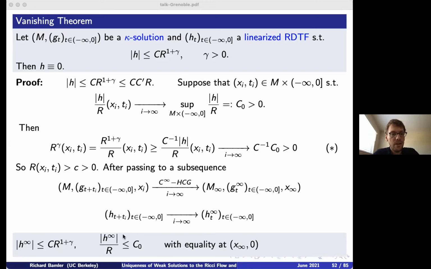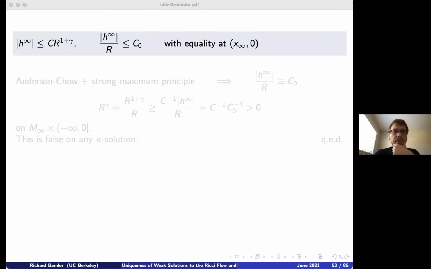The only difference here is that now we have equality in this inequality at the base point, because that's how we've chosen our points xi, ti. So now we have equality at the base point x infinity, because we've chosen xi so that this quotient converges to the supremum. Okay, so let me slide this box up to the top.